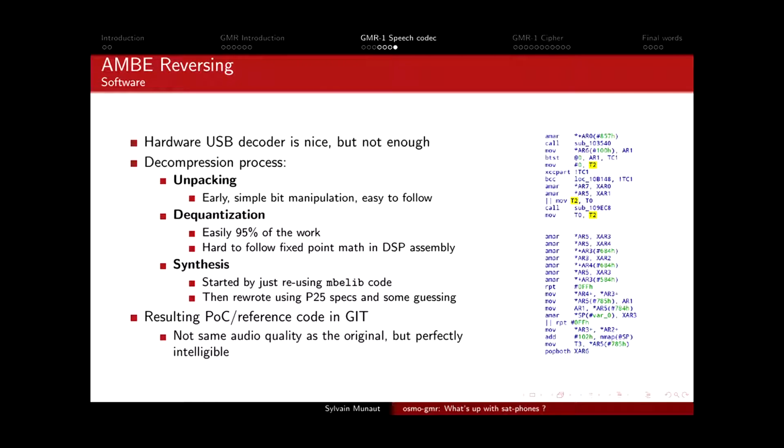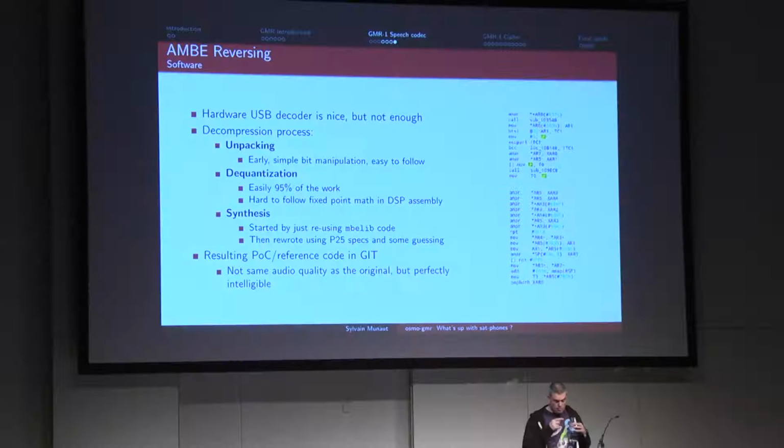I just plugged in my own implementation and ran it through the synthesis. There are a couple of things you need to take care of, mostly because P25 uses 20 millisecond frames, GMR uses 10 millisecond frames, so I basically dropped one frame every other frame in GMR and just used the 10 millisecond parameter to synthesize 20 milliseconds of speech.